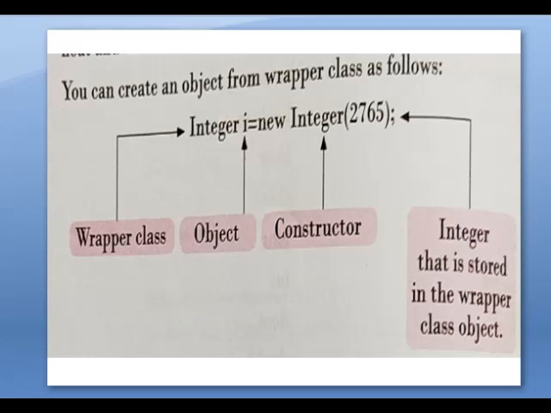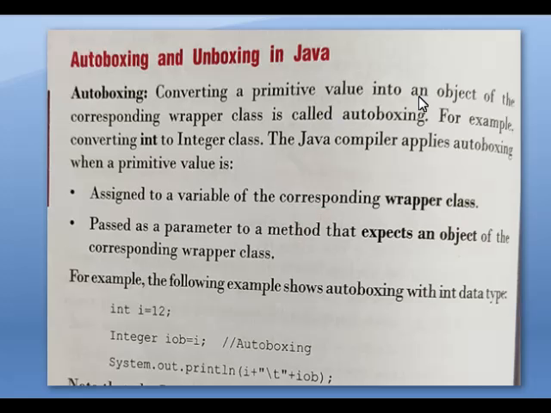Next, autoboxing and unboxing in Java. First of all we are going to see autoboxing. Autoboxing means converting a primitive value into an object of the corresponding wrapper class.